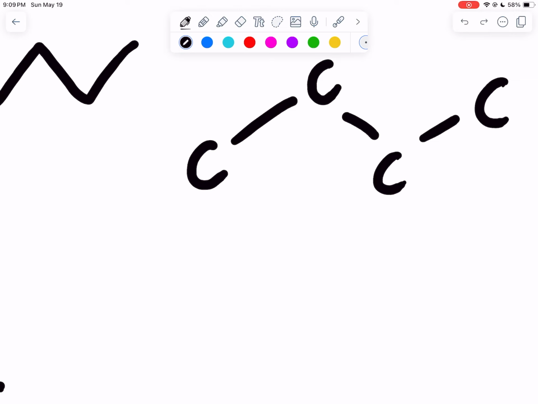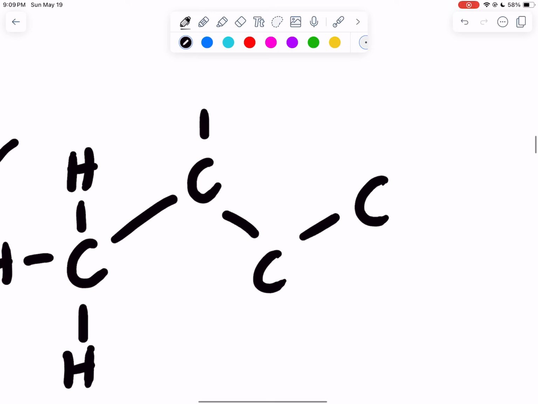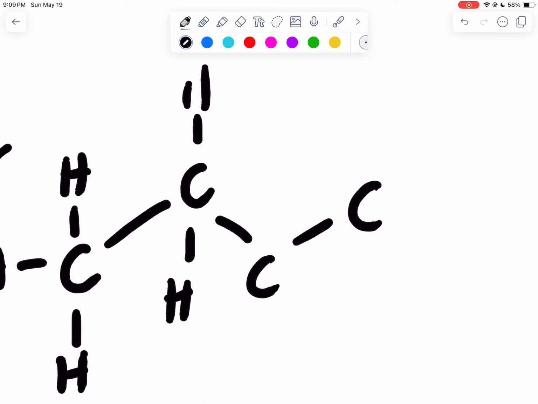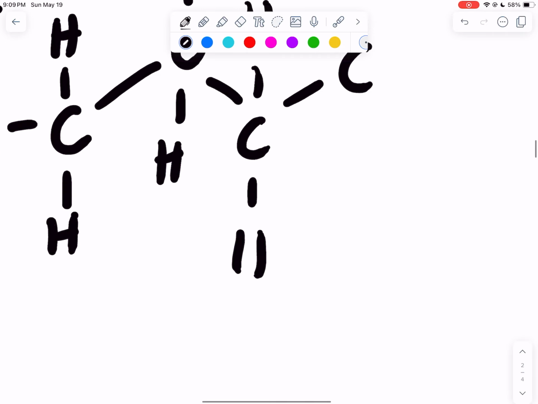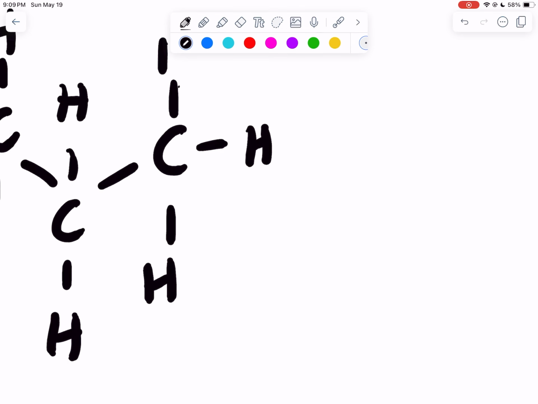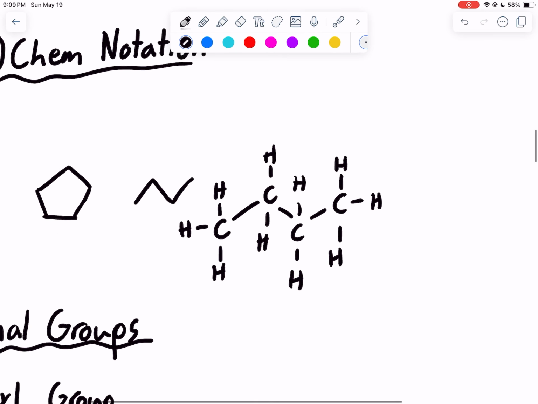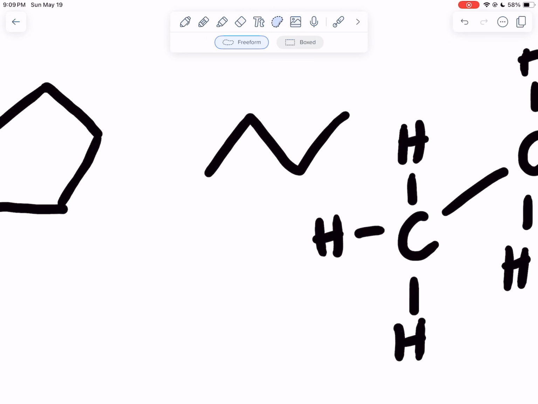So this will have, because it has 1 bond already, this needs 3 more bonds of hydrogen. This one will need 1 on 2 hydrogens because it's already making 2 bonds. This one also will need 2, and then this one will need 3. So there we go. This is the realized form of this right here.